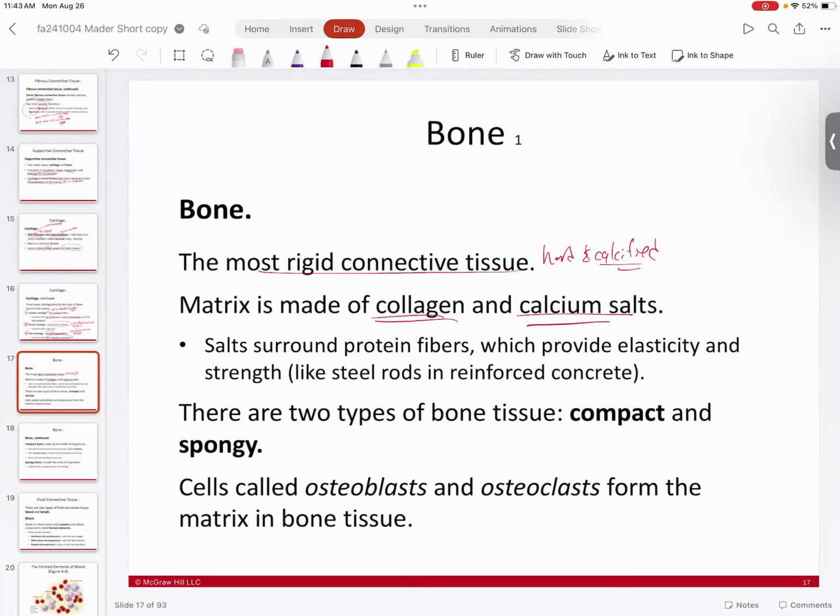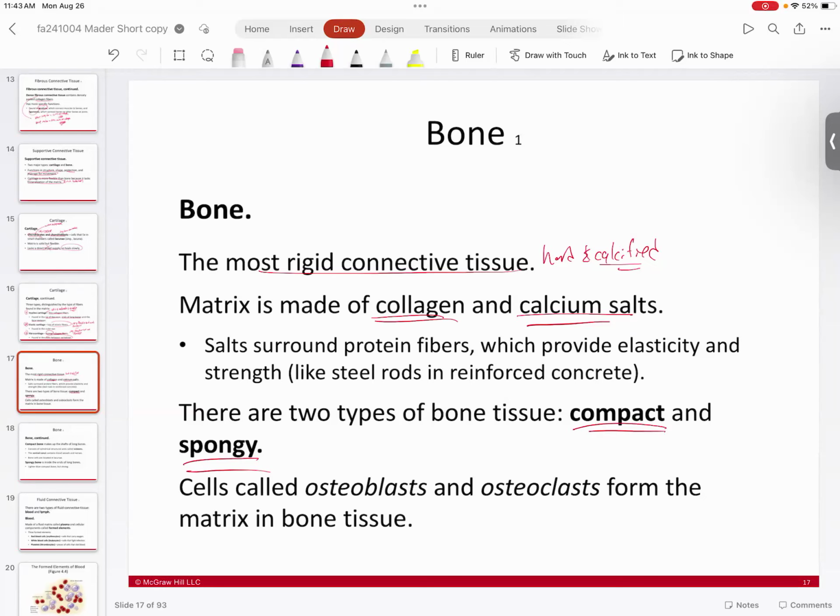And then there will be other types of protein fibers in there, similar to rebar in concrete. So a combination of rebar and elastin is going to be in there. And then from this strategy, we can develop two different types of bony structure. We can create what's called compact bone or spongy bone, which is what it says it is. It basically looks like a sponge.